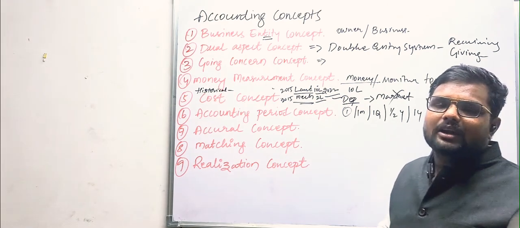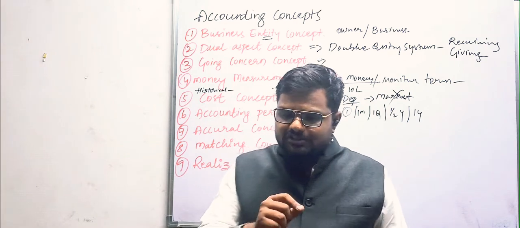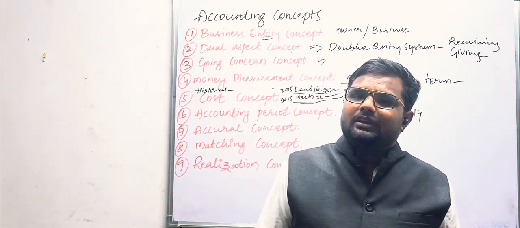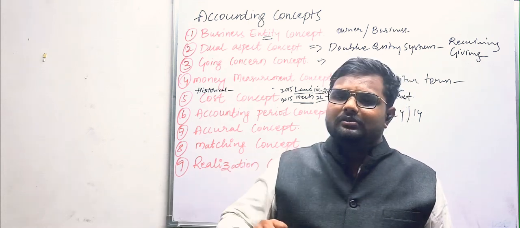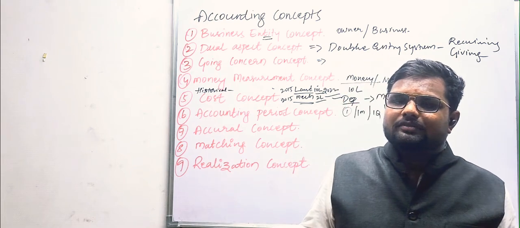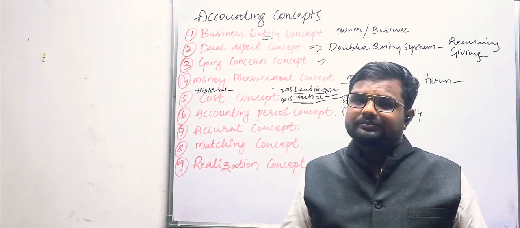It is not like you start preparing the accounts in the year 2015 and you never end that, you never make a total of that and never ascertain the profit and loss of the business. It is not like that.